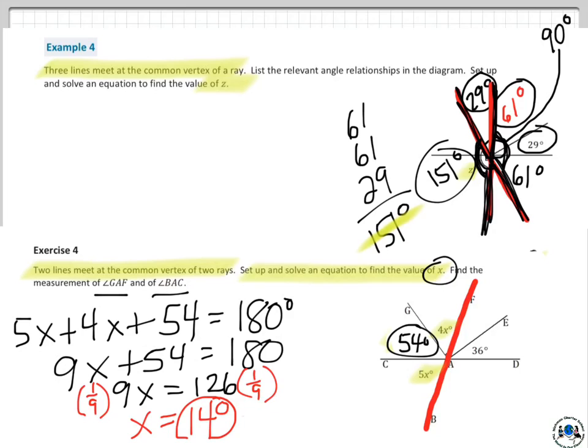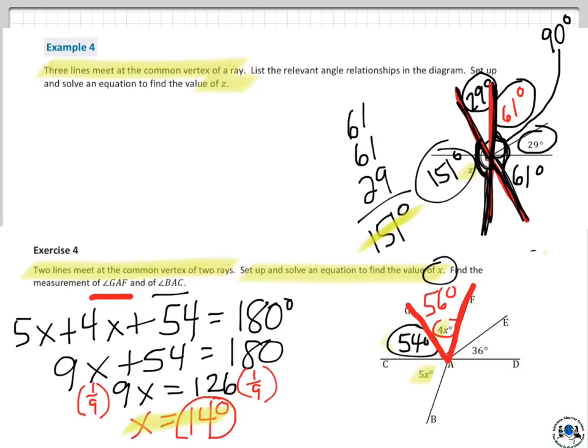If our x equals 14 degrees, we can then use that to help us solve the problems they've set before us here, and that is to find the measurement of GAF. So let's find GAF. If GAF is 4x, you know what to do. 4 times that 14 is going to give us 56 degrees.